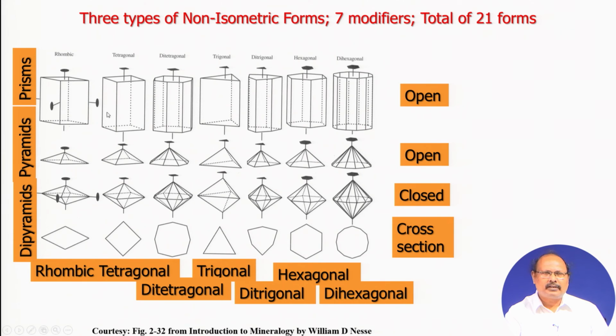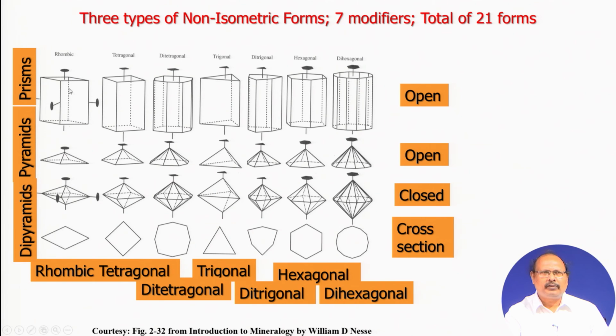So, let us now first start with these different varieties of prism forms here. Now, this is a rhombic prism here. So, there are 4 faces here, and this is present in an orthorhombic crystal system with the point group of symmetry 2, 2, 2.